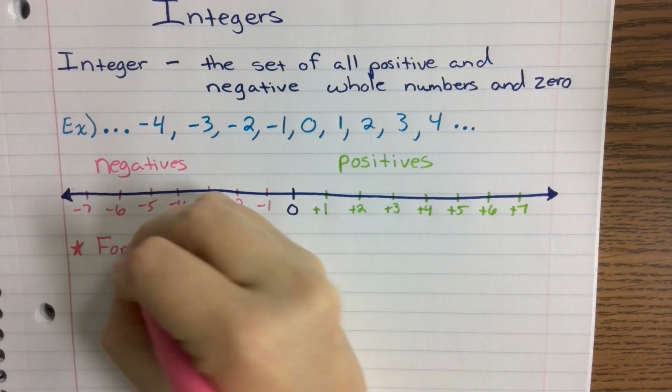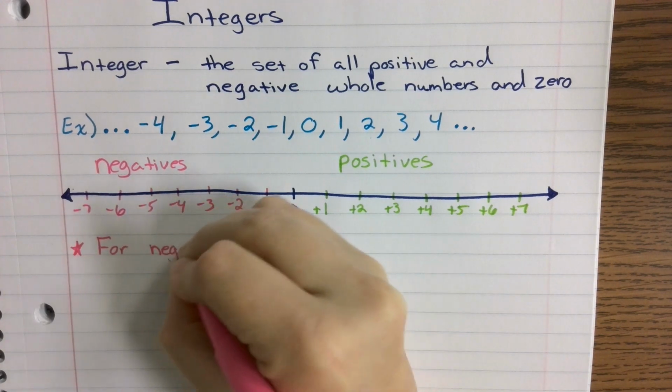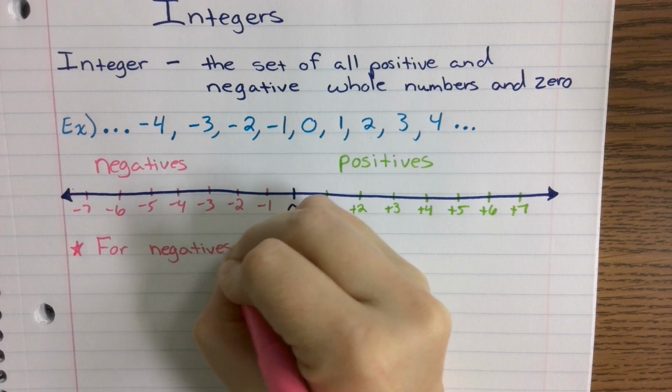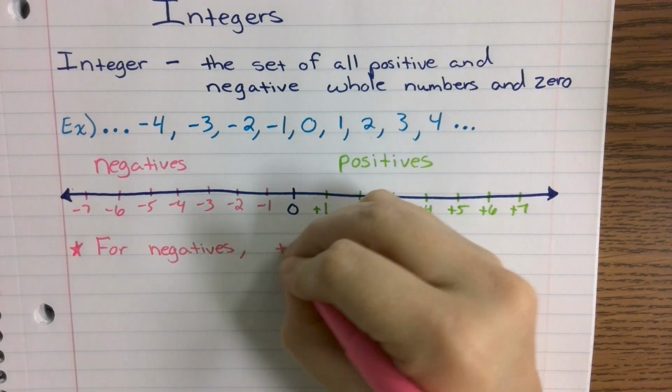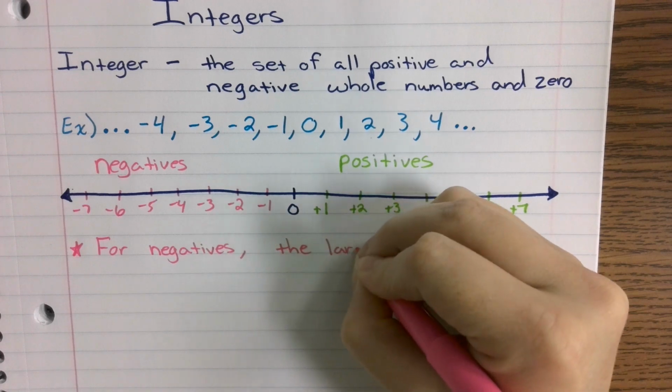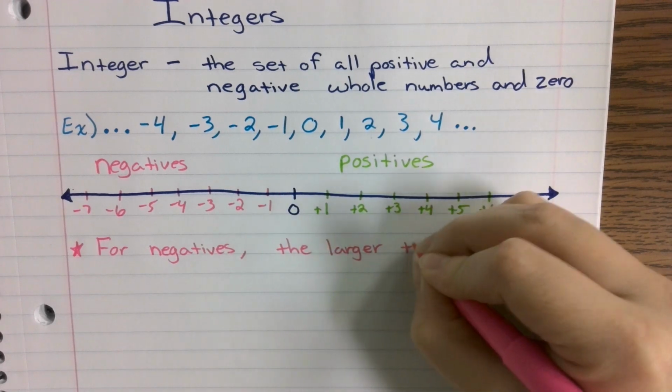So let's write something down. For negatives, and again, this is for negatives only, the larger your base number is, the smaller the negative value is.